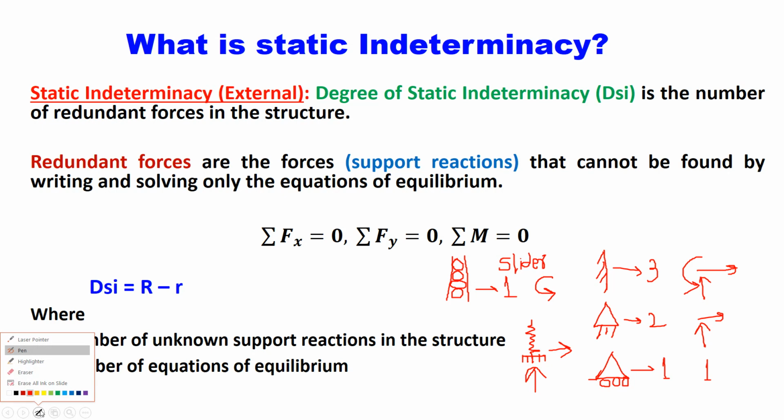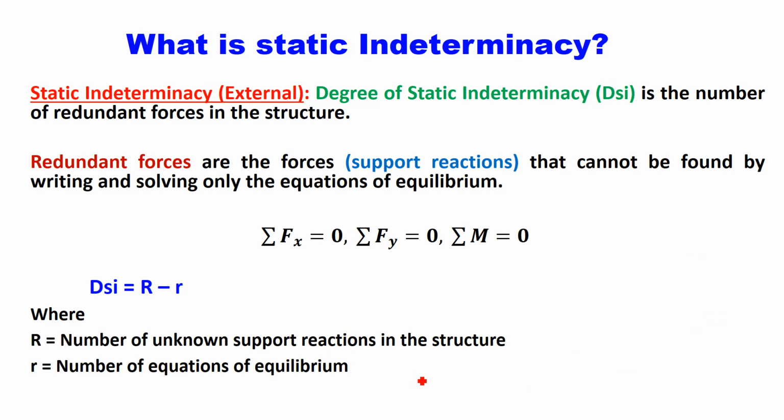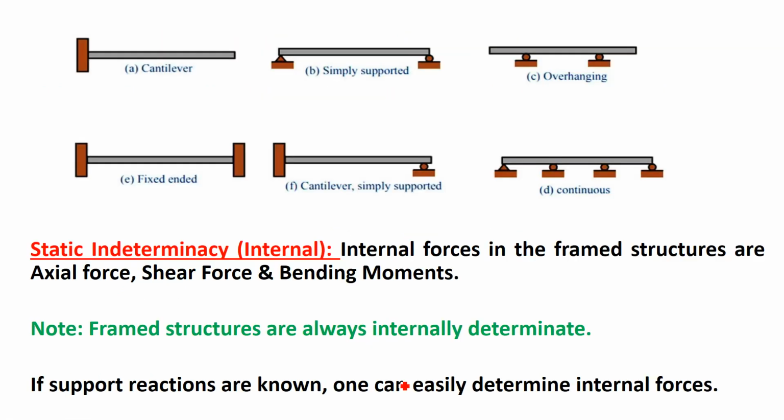Now, based on the support conditions provided, you can calculate capital R minus small r, where small r is 3, the three equations of equilibrium. You can calculate the degree of static indeterminacy externally. Let's consider a few examples. If it is a cantilever beam, there is one fixed support at the left end. We know that for a fixed support the total number of reactions, capital R, is 3.